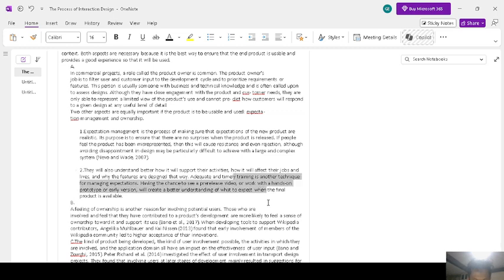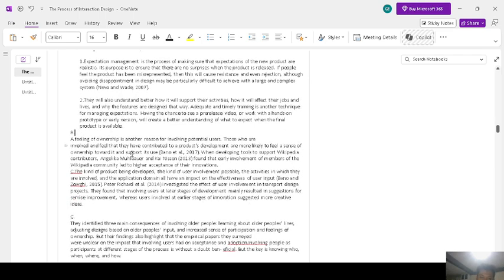Adequate and timely training is another technique for managing expectations. Having the chance to see a pre-release video or work with a hands-on prototype or early version will create a better understanding of what to expect when the final product is available.